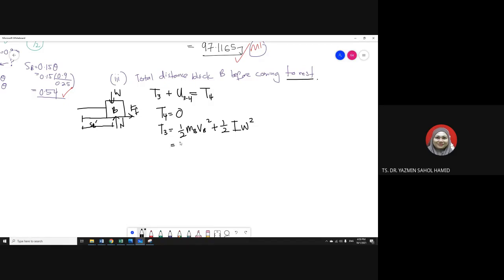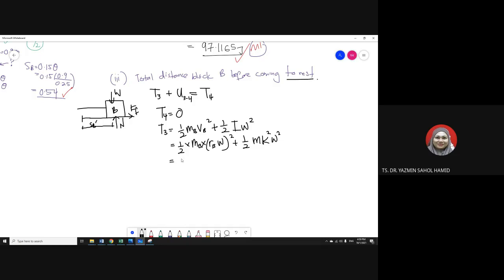So 1 over 2, our mass of block B will be 10, V will be R omega, don't forget the square, plus 1 over 2 m k squared omega squared.